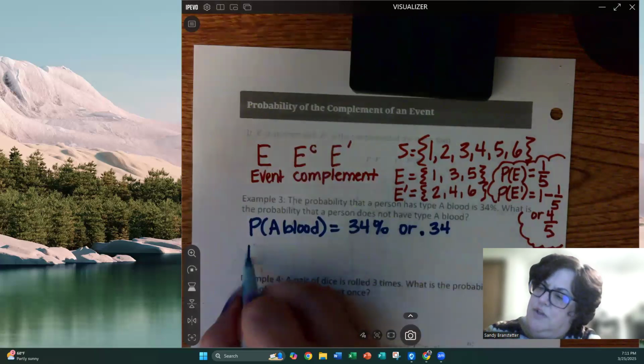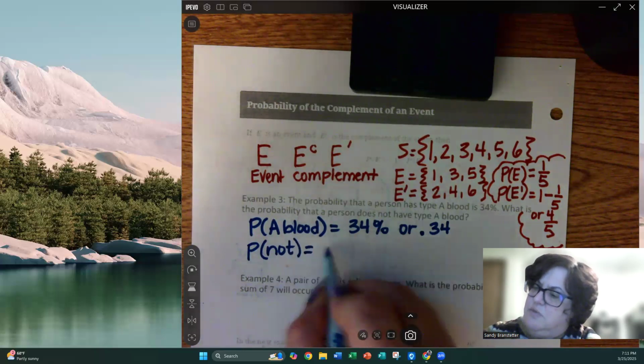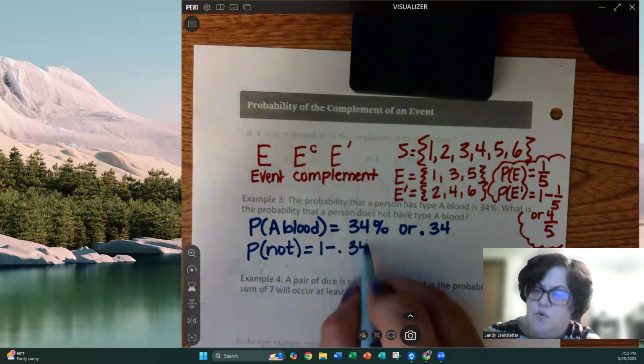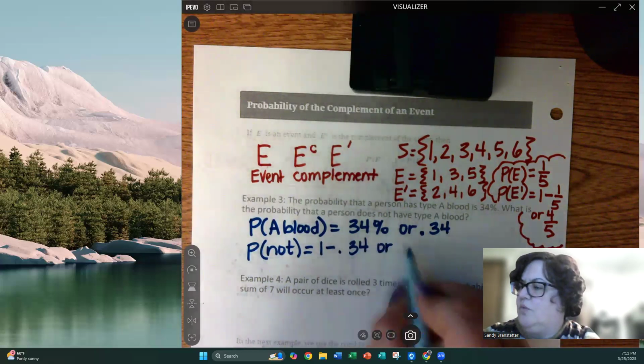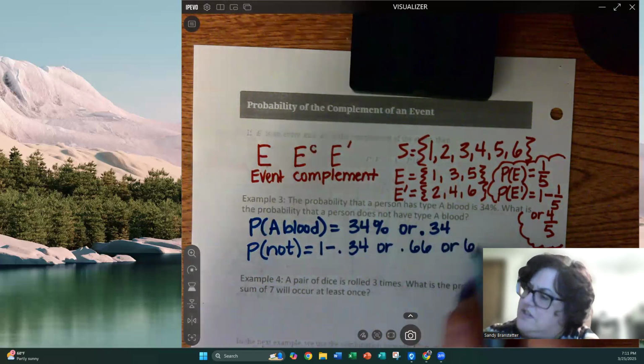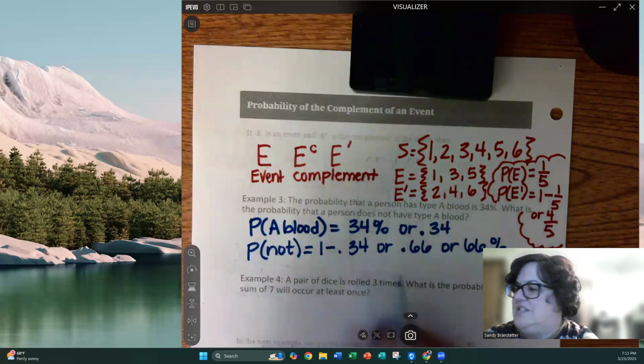So the probability that they do not is going to be 1 minus 0.34, or 0.66, or 66%.